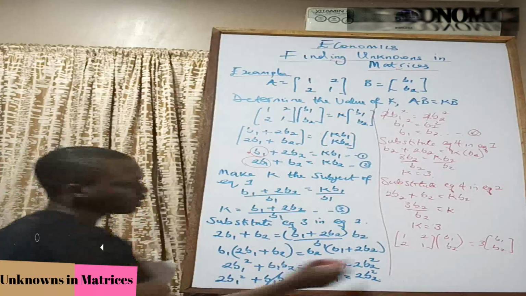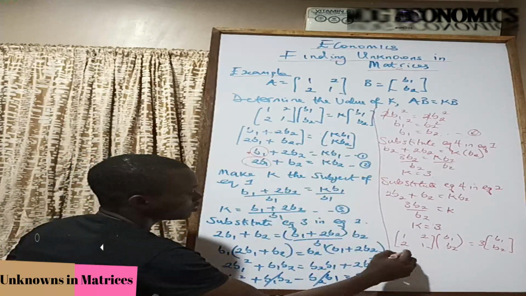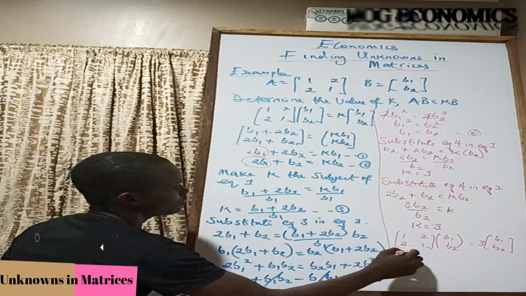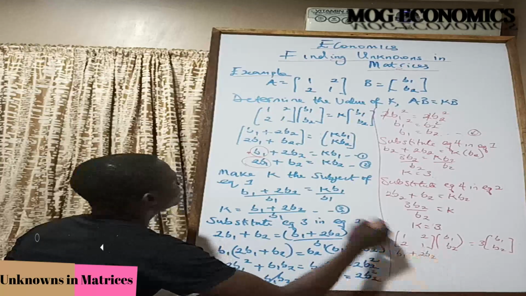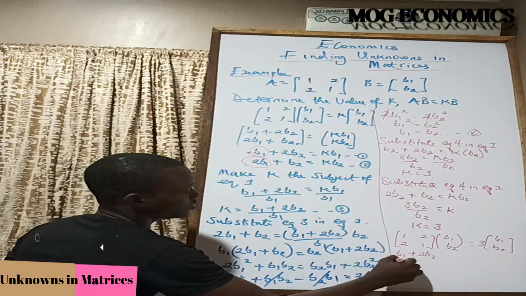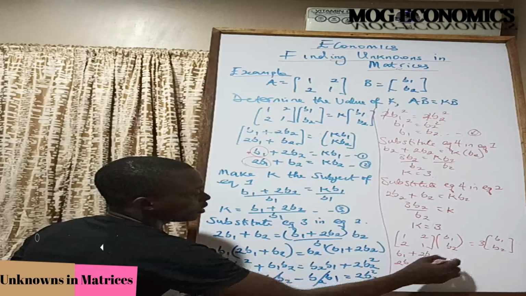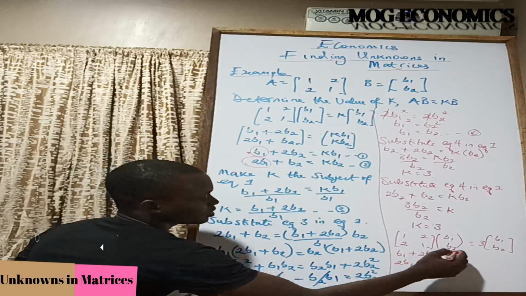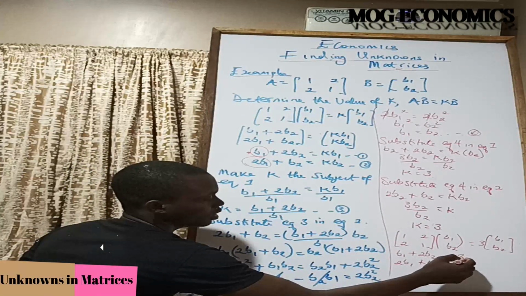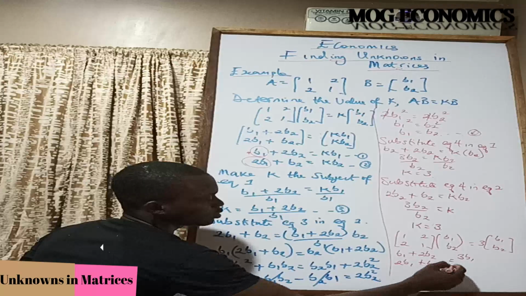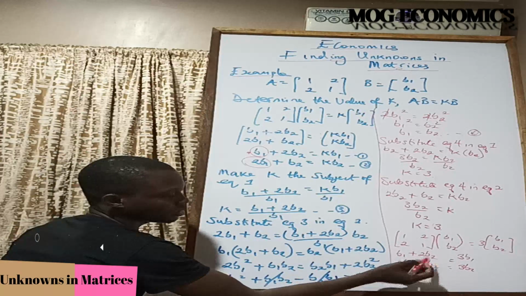If you just do this, 1 times B1, that was the equation that we had here. So we are going to be having B1 plus 2B2. Then you are going to be having 2B1 plus B2. We've already done it before, so I'm just copying it. Since B1 equals B2, this is going to give us 3B1, and this one is also going to give us 3B2. What do I mean?